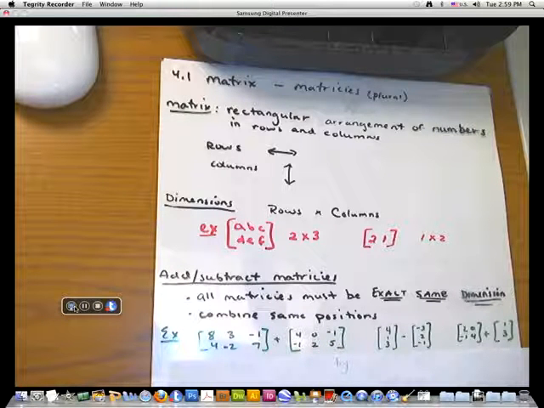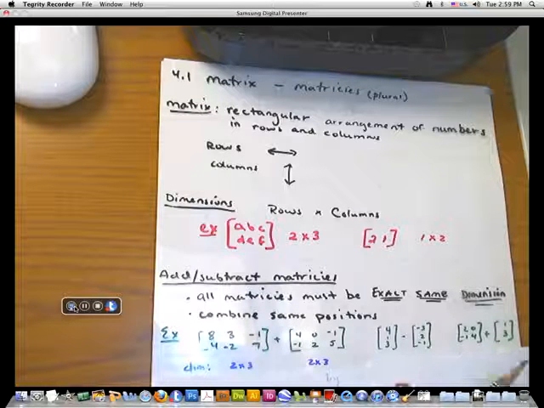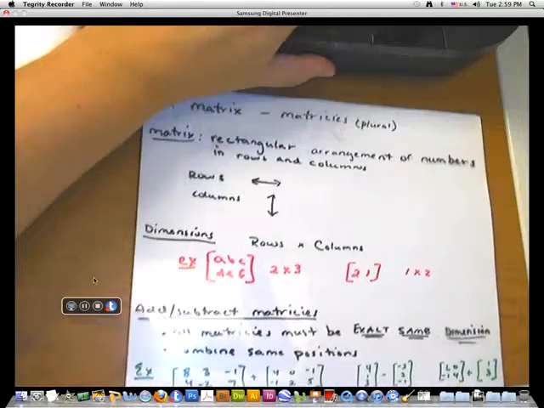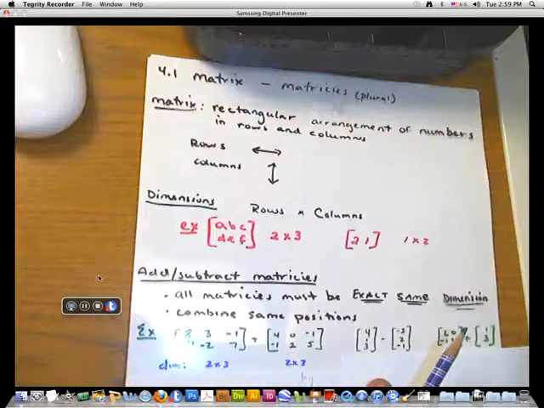So the first thing you have to do is decide, are they the same dimensions? In this case, the first one has 2 rows going across and 3 columns going down. And the same thing goes for the second one. It is a 2x3 as well.